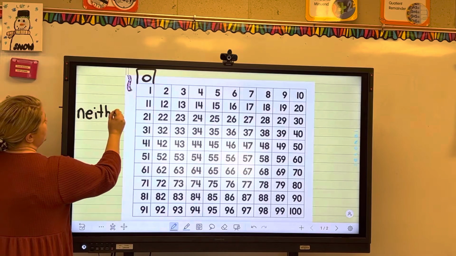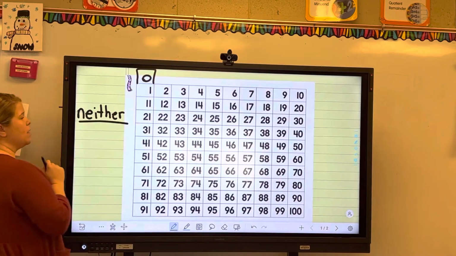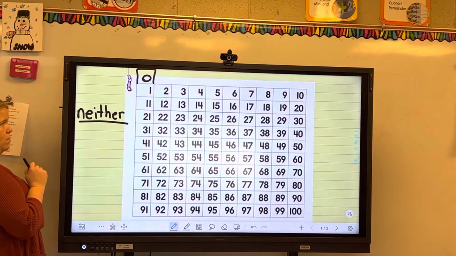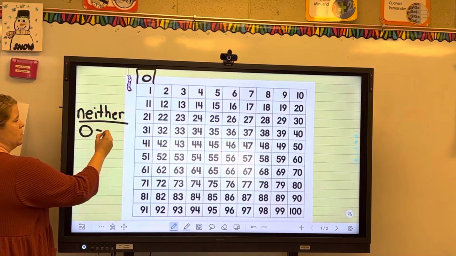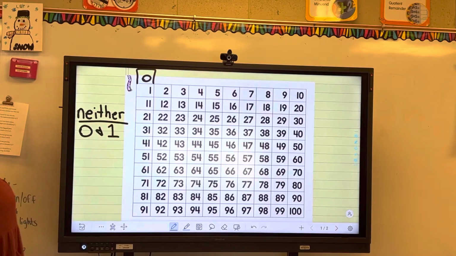We have 2 numbers that are neither prime nor composite. So we just put neither? Mm-hmm. And what are those? 1 and 0. Because the only number that will multiply and give me 0 is 0. 0 times 0, right? And then the only number that will give me 1 is 1 times 1. So technically I only have 1 number there.